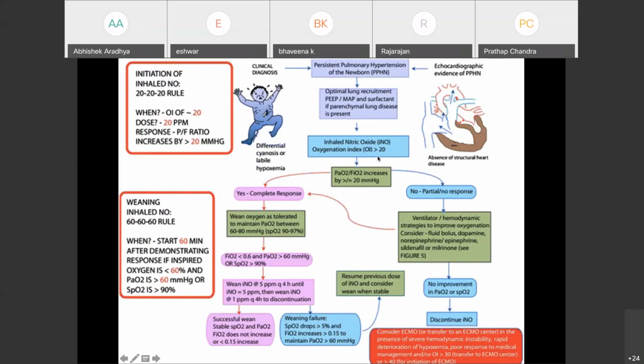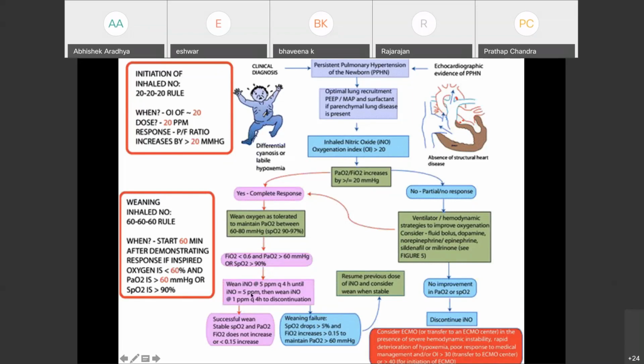Again, come back to this slide. When you've initiated the inhaled nitric oxide, you should see, come on to the left side, a complete response. What is a complete response? It means your PaO2 is good, your saturations are good, and your FiO2 should be less than 60, right? Then what you should do is start weaning your nitric oxide by 5 parts per million every 4 hours until you reach 5 parts per million.